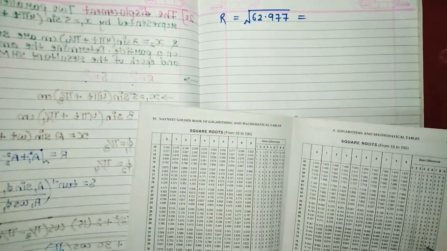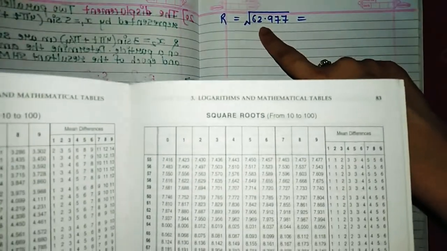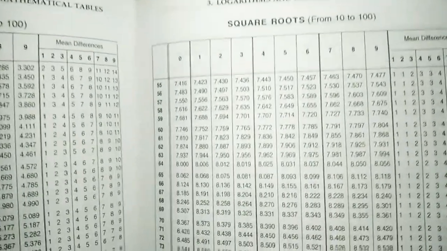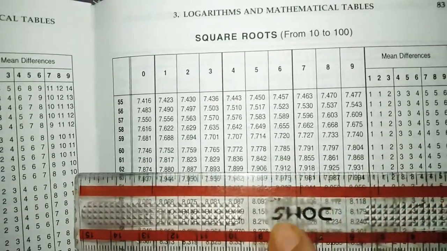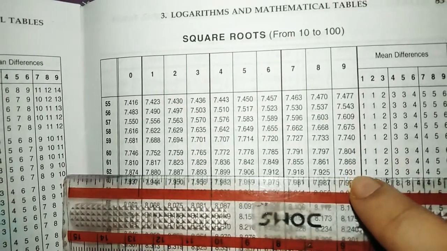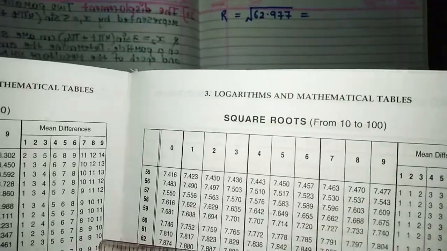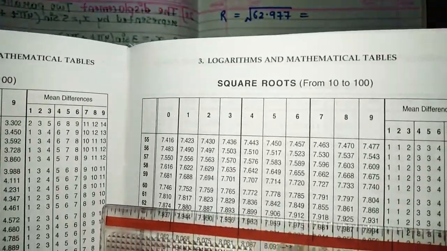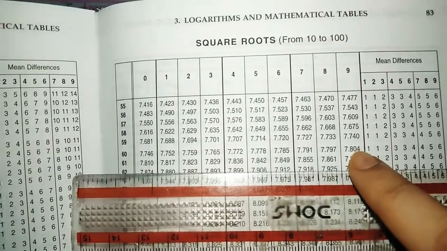Okay, let's see the square root of 62.977 in the square root table from 10 to 100. What is the number? The number is 62. So we'll be seeing in this, 62.9, here it is 9, that is 7.931. Then 62.97, so 62.9 and then 7.